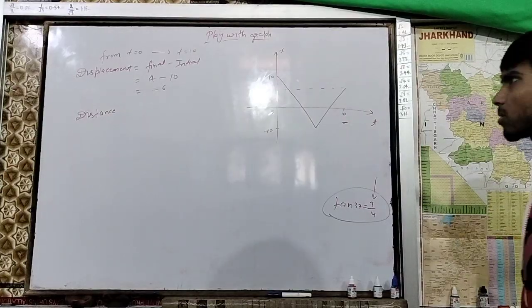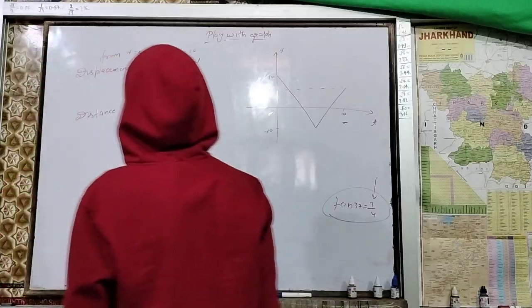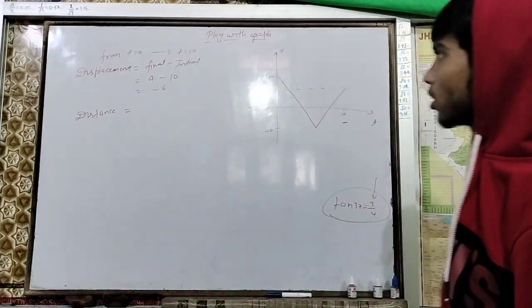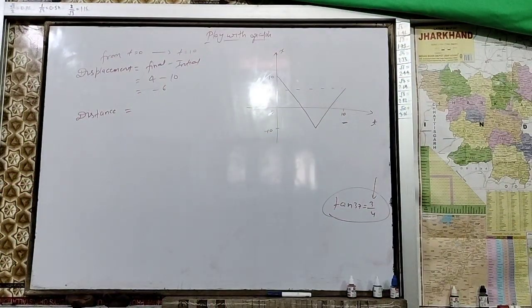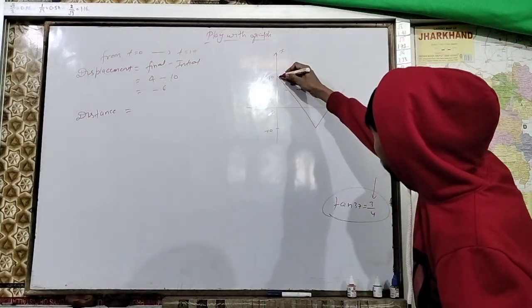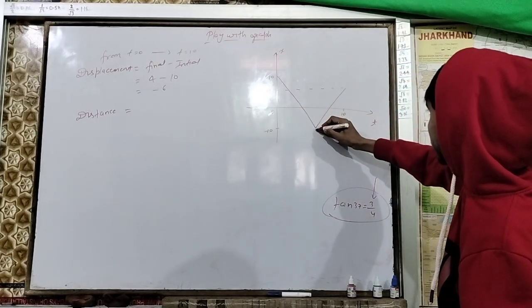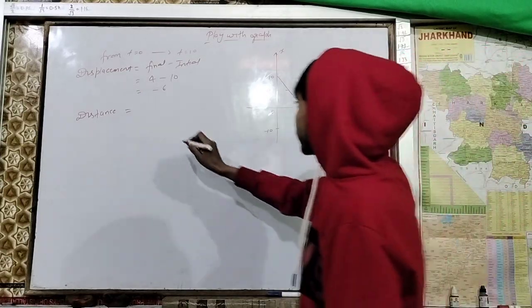Now distance is the total sum of the total length covered by something. So it starts from here at 10.